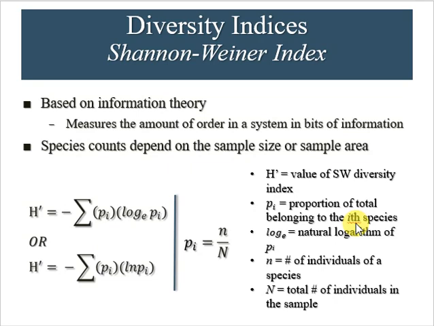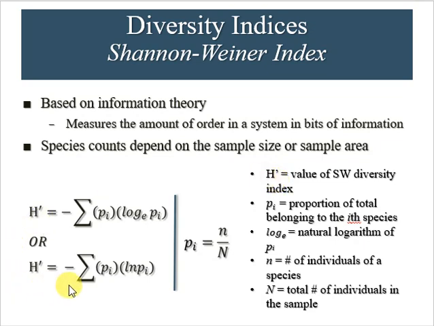So if you had 5 species, your pi value is going to be the proportion of the total sample belonging to that ith species. So you take the sum of the product of that proportion times the natural logarithm of the proportion of the total to find your H prime value, or the Shannon index diversity measure.